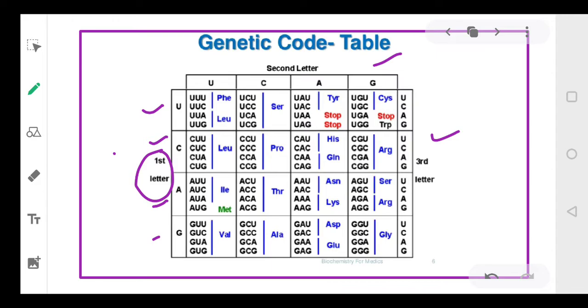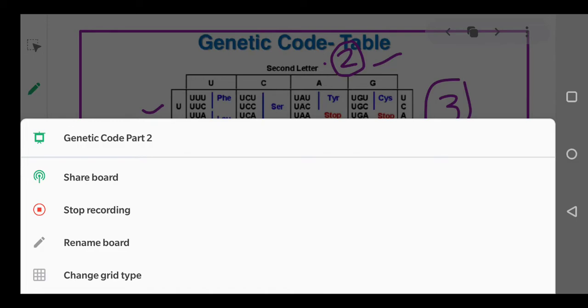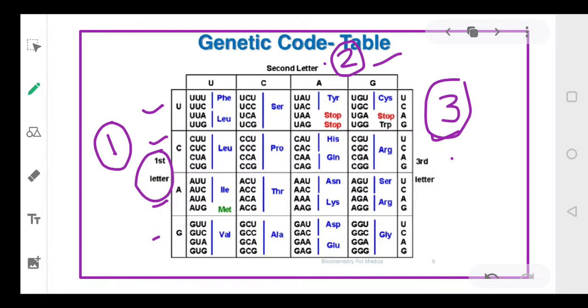Now we'll take the first letter from this side, second letter from this side, and third letter from this side. So first codon we will take from this side.